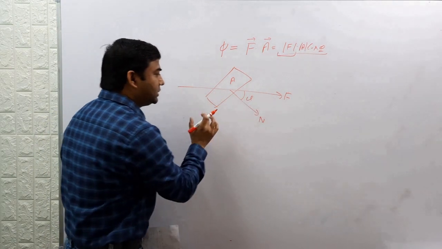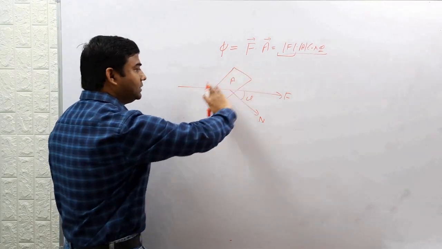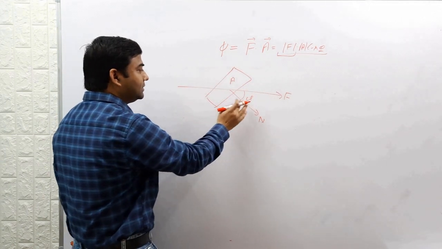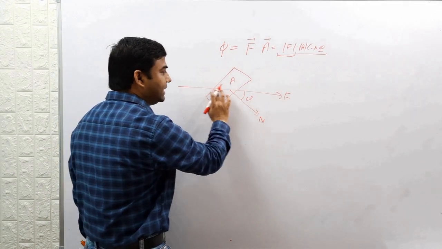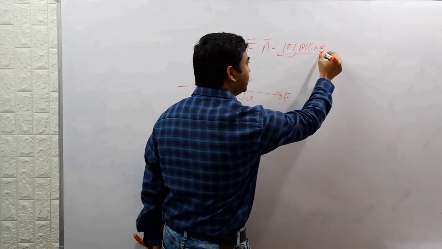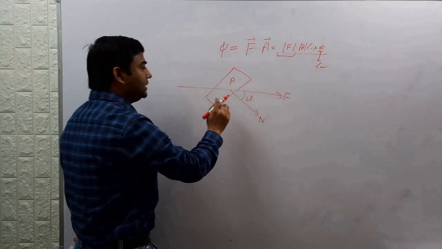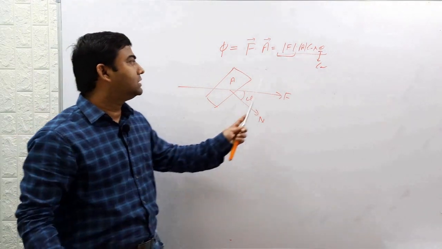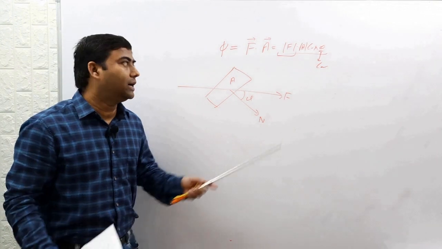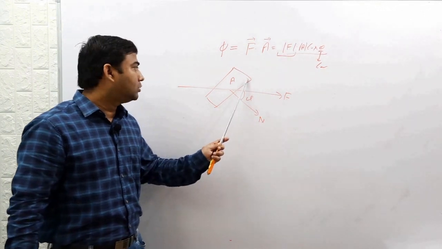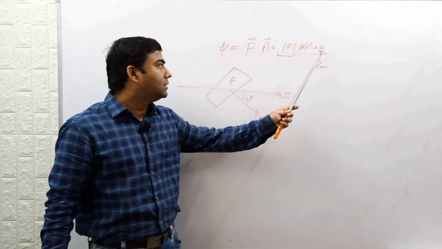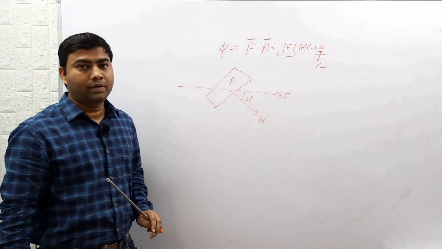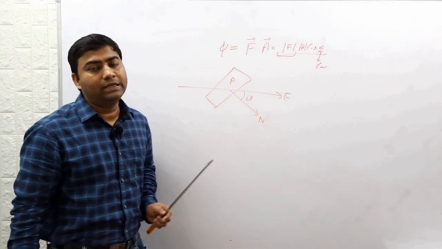So this theta will be constant only when this area is flat. If this area is flat, throughout the area, the theta between the normal to the surface and the field will remain constant. And similarly, F is also constant throughout the area. Then we can use this simple formula for a particular area where the field is constant throughout the area and theta will be constant because the surface is flat.